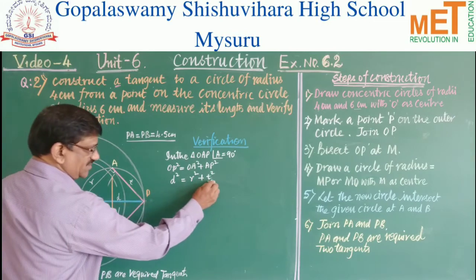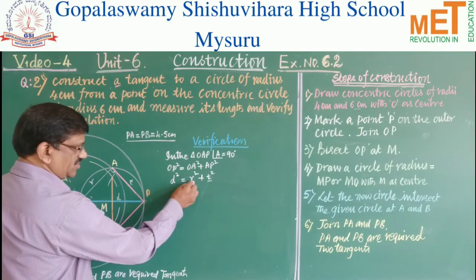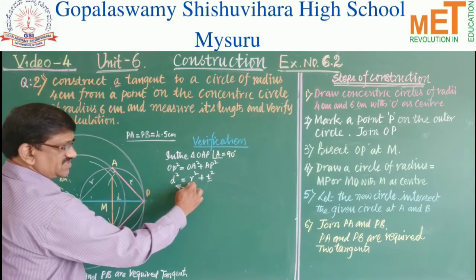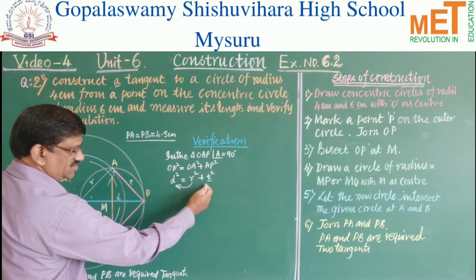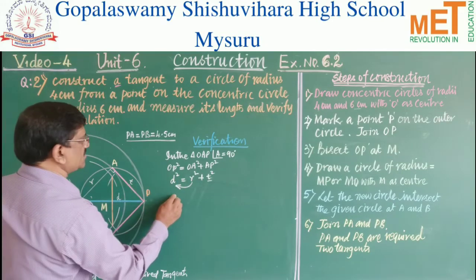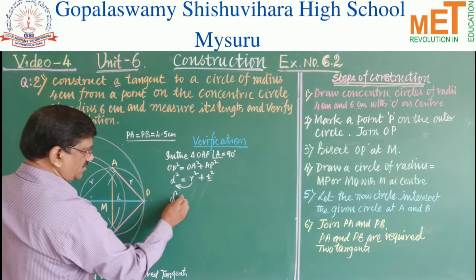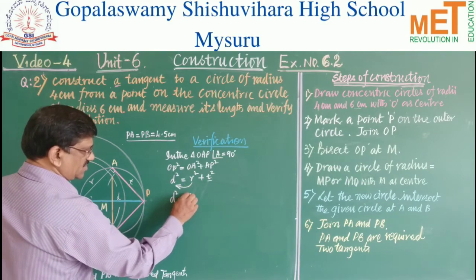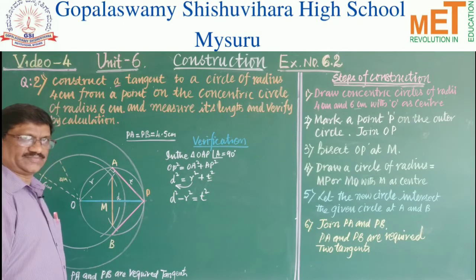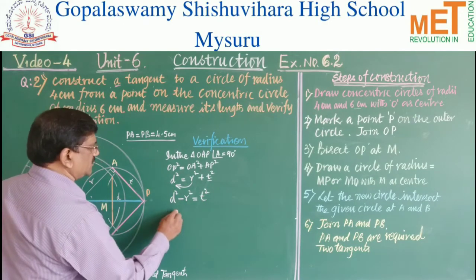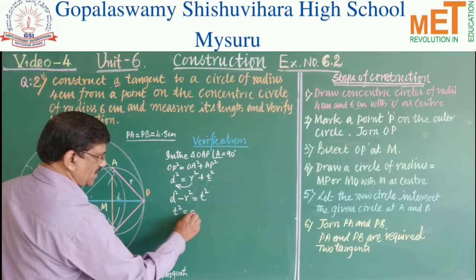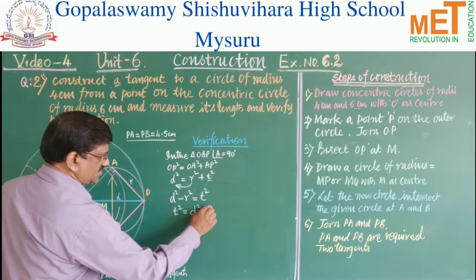So for that reason, children, you send this to the left hand side of equals. This is in the right hand side of equals. Now I am sending this to the left hand side. Then D square minus R square is equal to T square. Or we can also write this as T square is equal to D square minus R square.